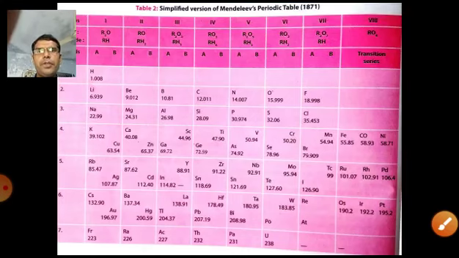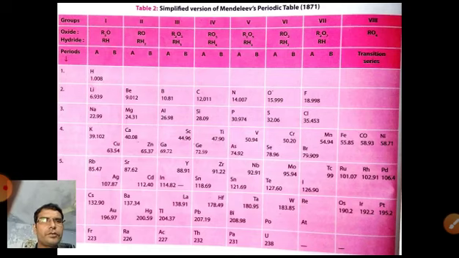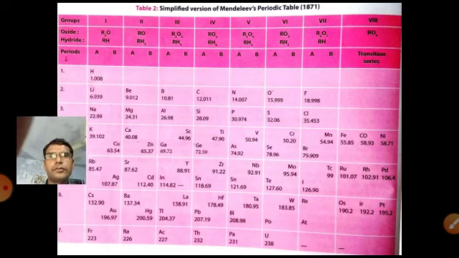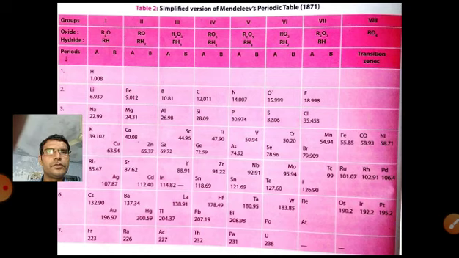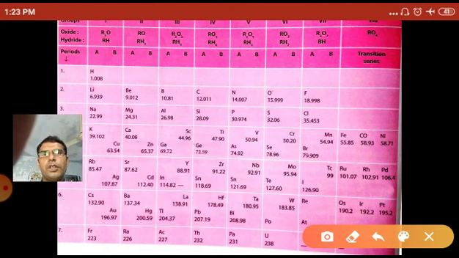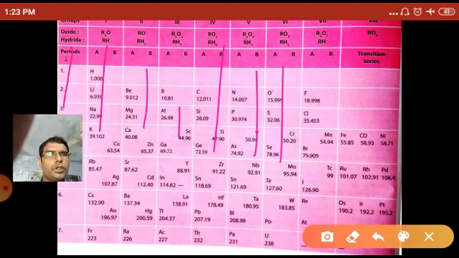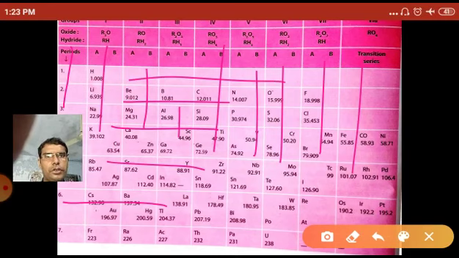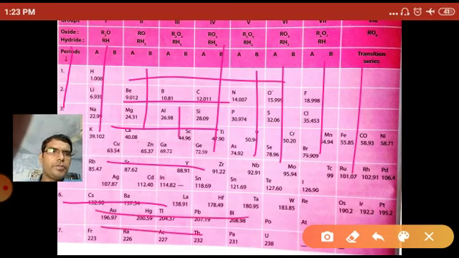Now here is the Mendeleev periodic table. Mendeleev classified the elements in the periodic table into 8 groups and 7 periods. This vertical column is called the group, and this horizontal row is called the period.